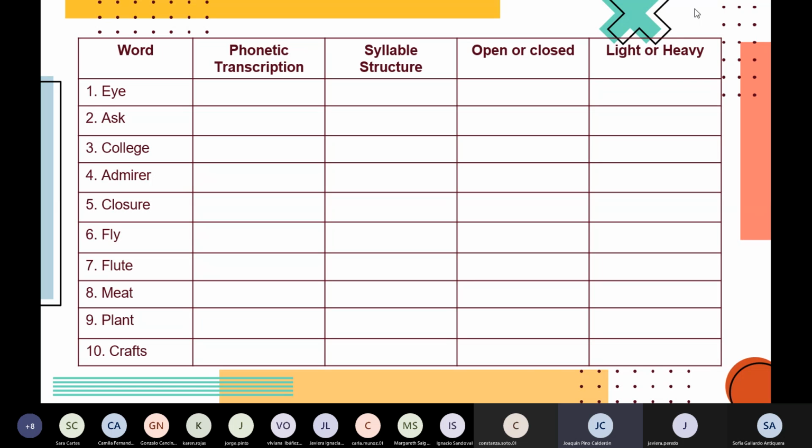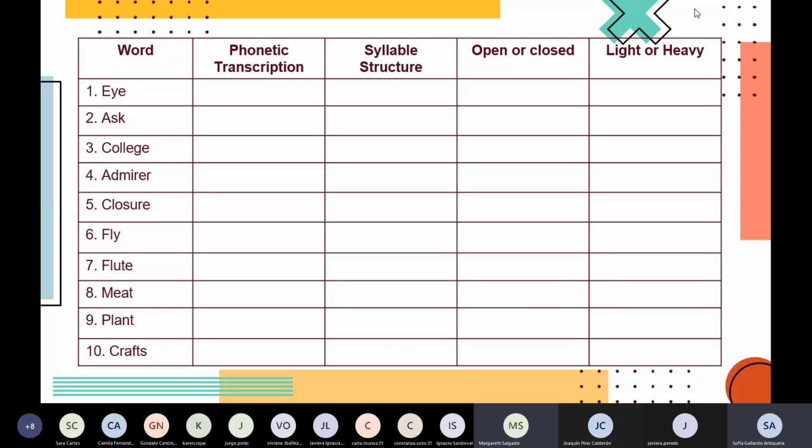Closed and heavy. Okay. Great. We will check them. And last one, number 10. Can Margaret please tell me the answers? Yes. Thank you. Consonant, consonant, vowel, consonant, consonant, consonant, heavy and closed.